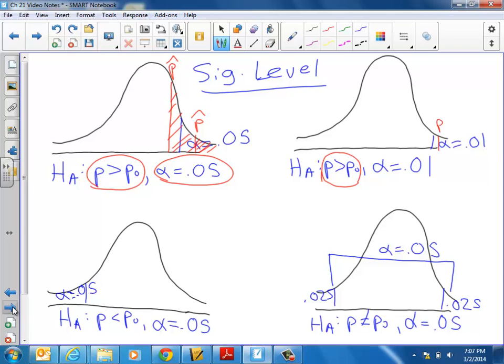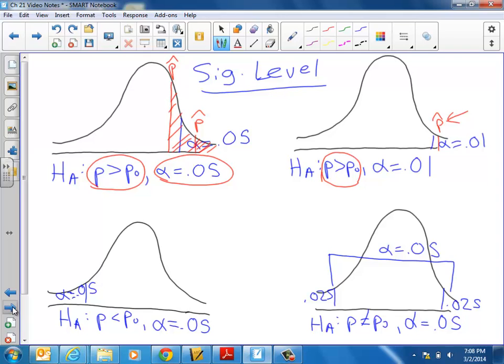I didn't mean to do that. So we would have to reject the null hypothesis, you would have to have a p-value for your p-hat of less than 0.01. So that means that, 1 in 100 times or less than 1 in 100 times, you would have the null hypothesis proportion actually explain the sample proportion you've got.